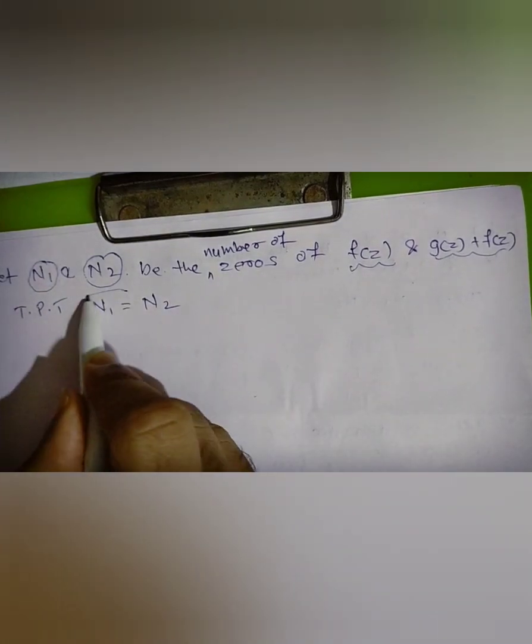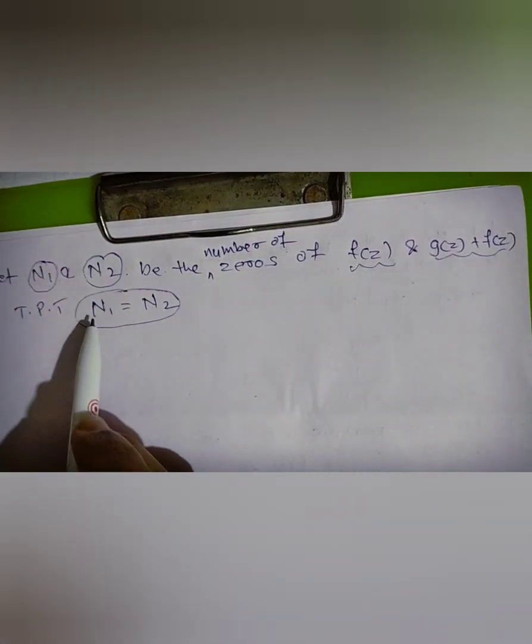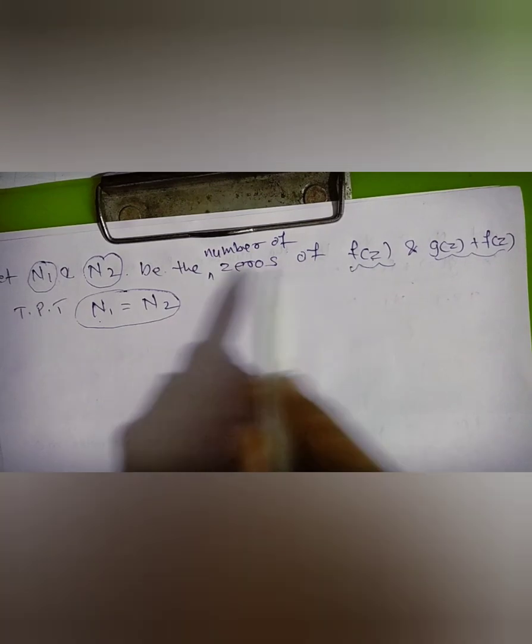So now let's try to prove this. We just need to have the number of zeros for this function, that is n1.